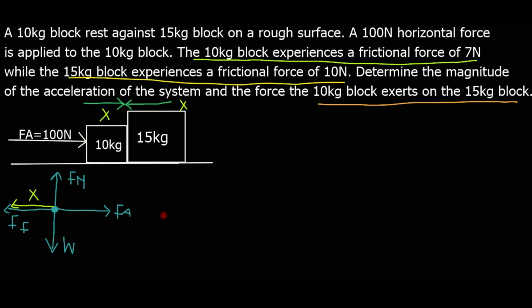Now let's look at this 15 kg block. We have a weight force which is downwards, and then a normal force, and friction, which is opposite to the direction of motion. And then this 10 kg block pushes the 15 kg block to the right, so we have force x that is to the right. So now the F net.